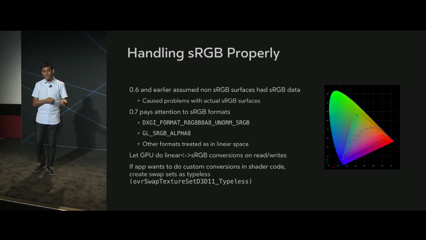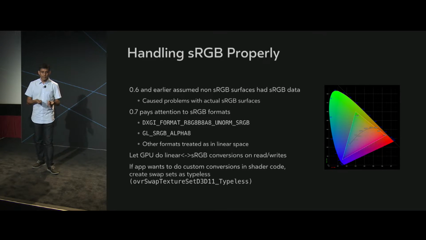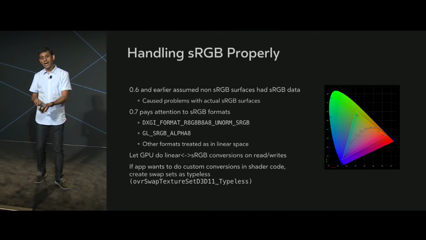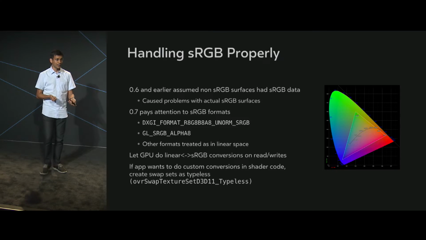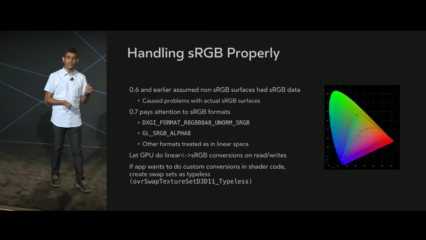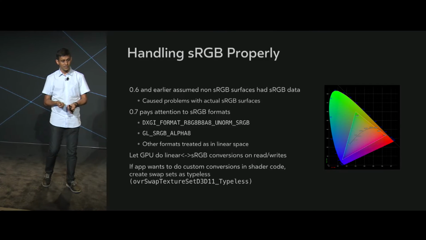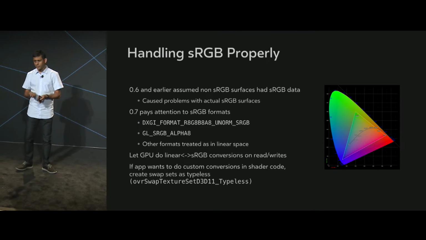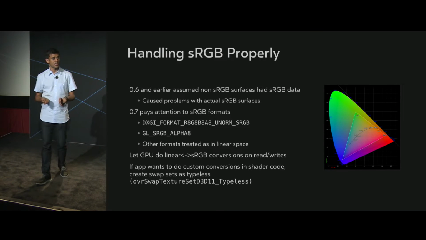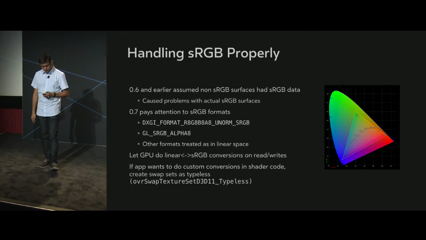But if the app wants to render to it using custom linear to sRGB conversion in the shader, then it can map that resource as a linear render target, and then do custom conversions in the shader. I'm not sure if that's the most recommended thing. I think we found it just best to let the GPU do the conversions on writes, but it's an option.